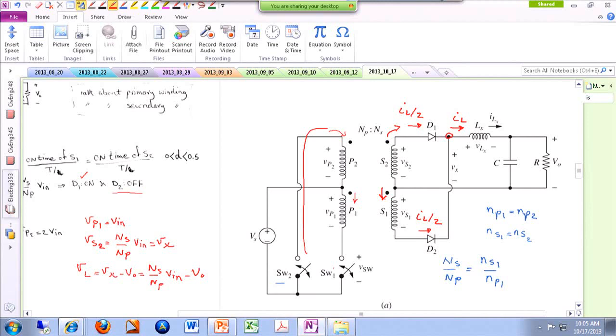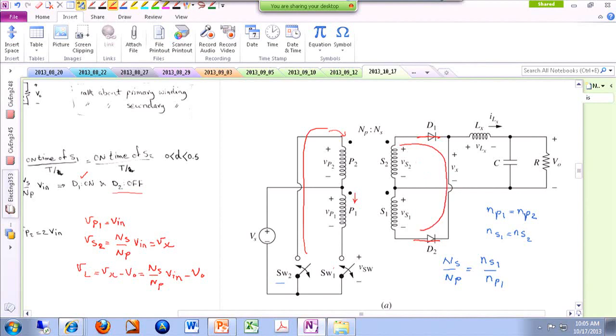All right, so this is what's happening. When both of the switches are off, both D1 and D2 are on. Now if you look, if D1 and D2 are both on, I have a short circuit here, I have a short circuit here.